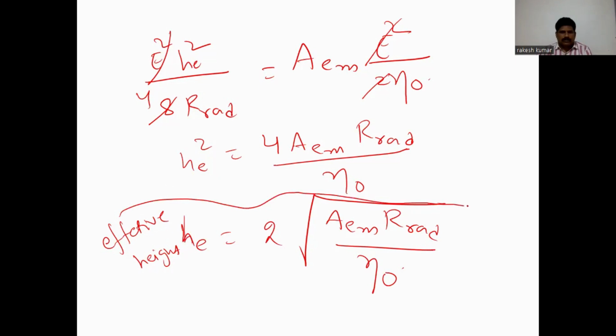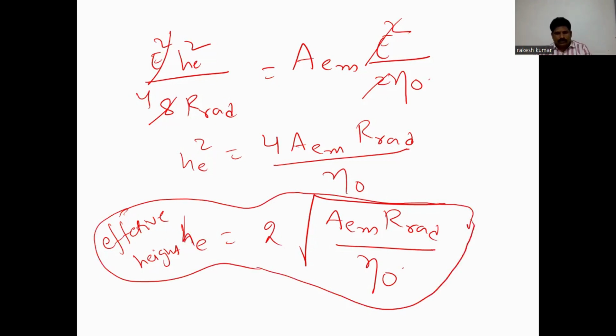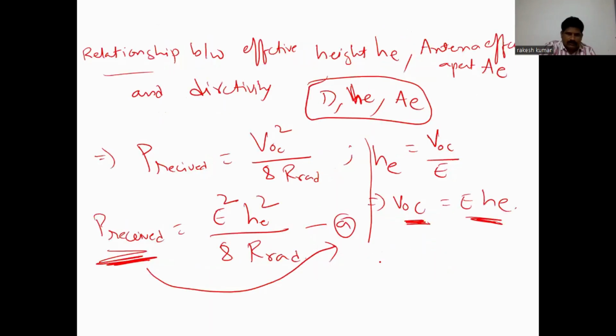So use the relationship between effective height H is equal to 2 into A effective aperture area into radiation by 2 beta. Sorry, here it is not directivity, it is R rate.